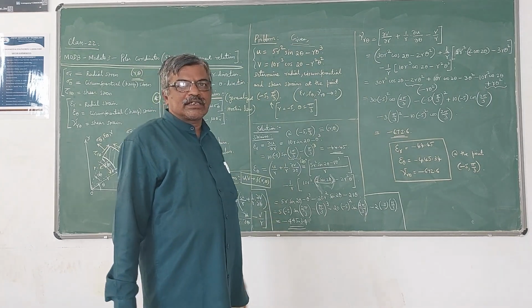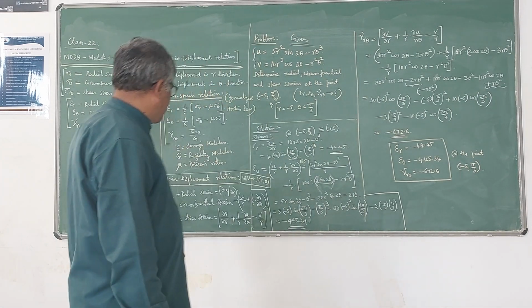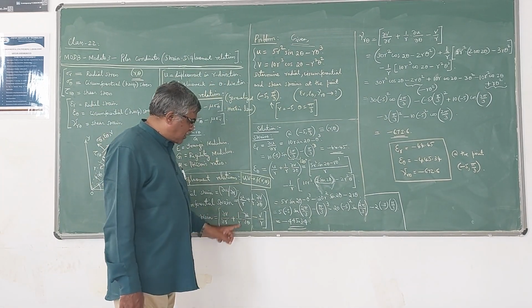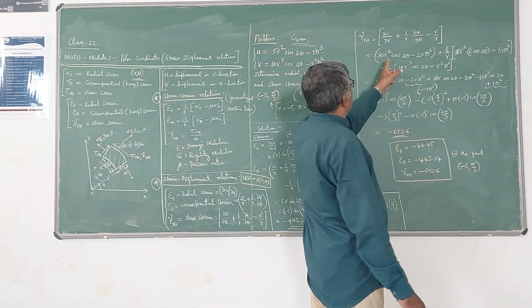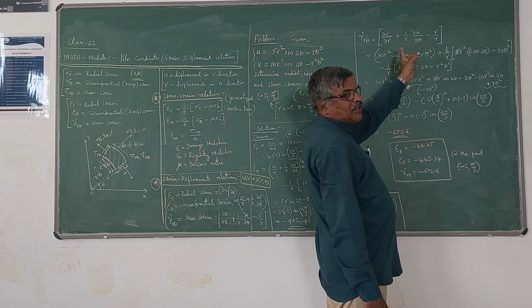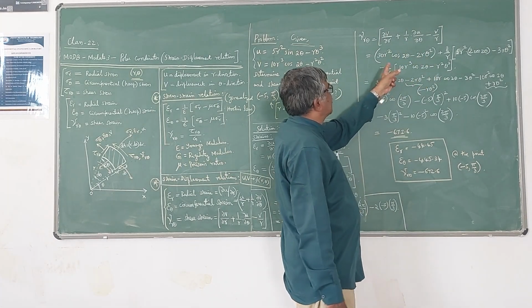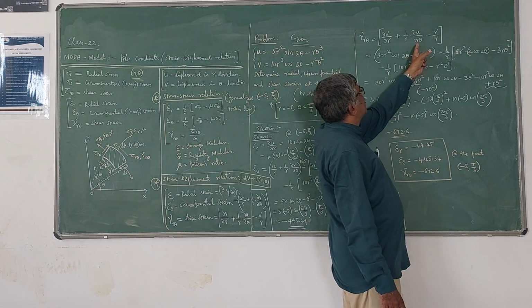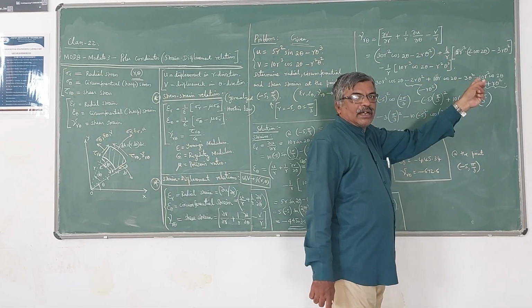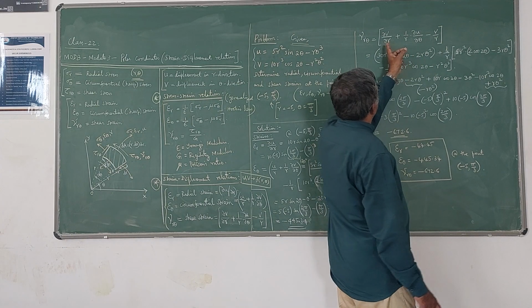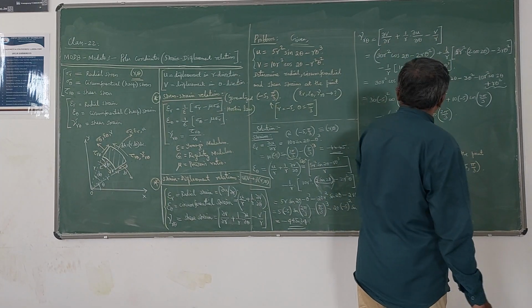Lastly, shear strain gamma r theta. The formula is dou v by dou r plus 1 by r into dou u by dou theta minus v by r. So we have to differentiate v with respect to r partially taking theta constant, and differentiate u with respect to theta partially treating r constant, and then substitute all this and simplify.